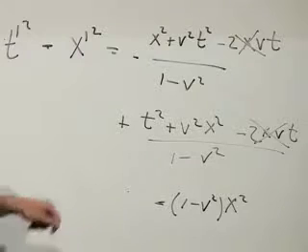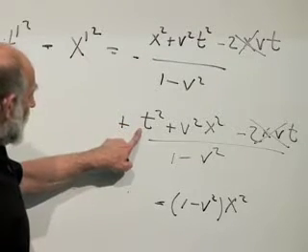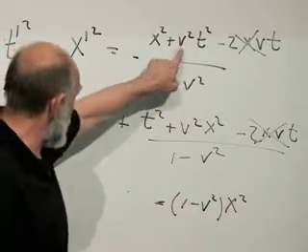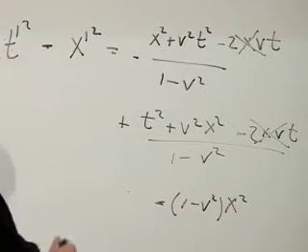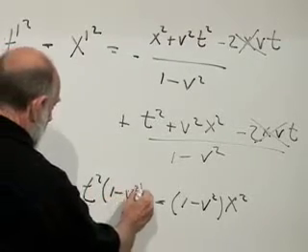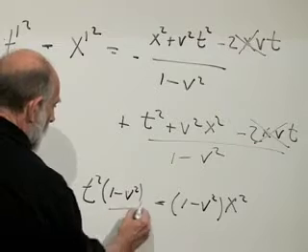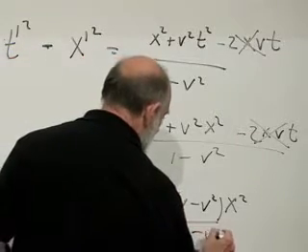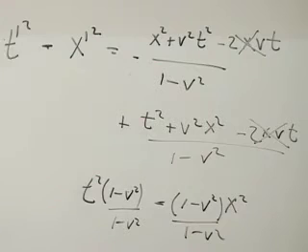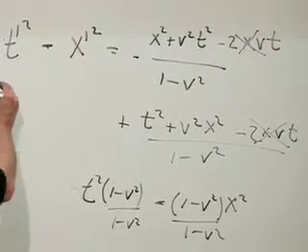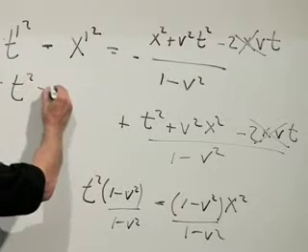And then what about the t squared term? There's t squared here minus v squared t squared. So that's t squared times 1 minus v squared, all over 1 minus v squared. To make a long story short, t prime squared minus x prime squared is equal to t squared minus x squared.